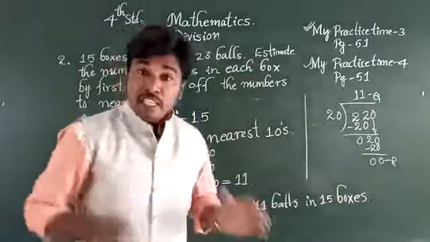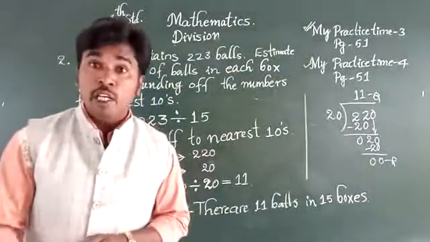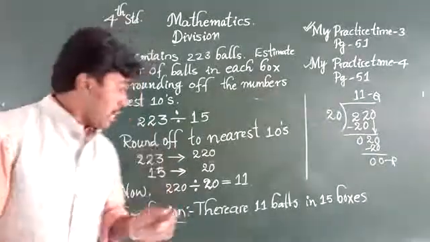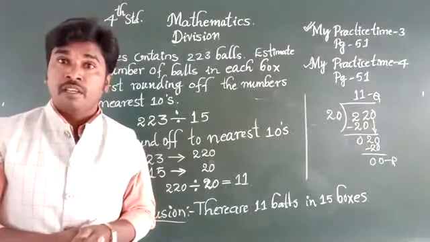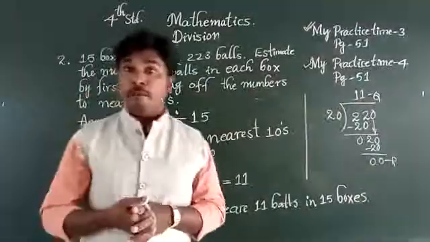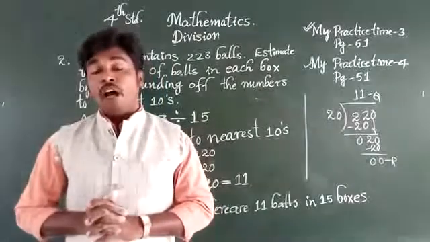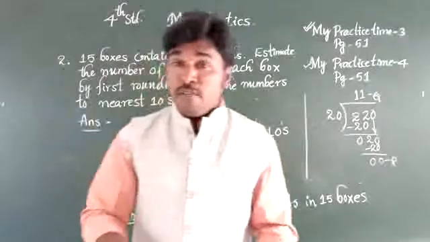Dear children, in this method, you find the solution. You find the quotient. There are 11 balls in the 15 boxes. So I hope you will finish my practice time 3 and my practice time 4. Up to this, we have completed the chapter division.